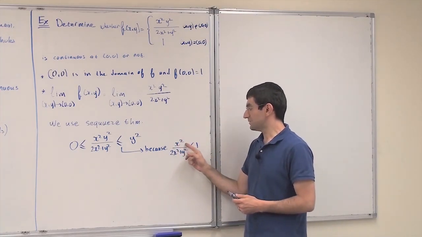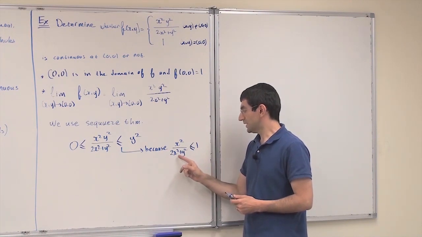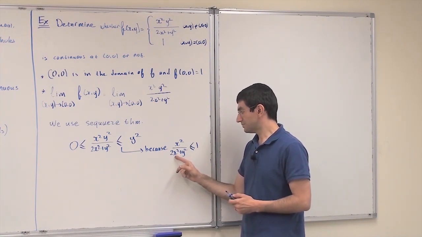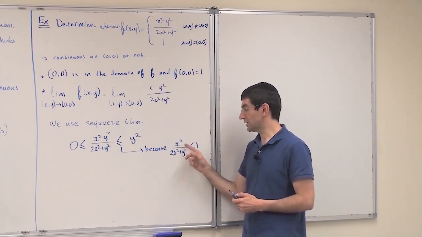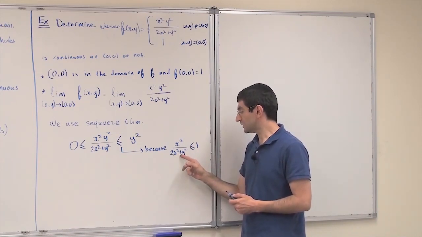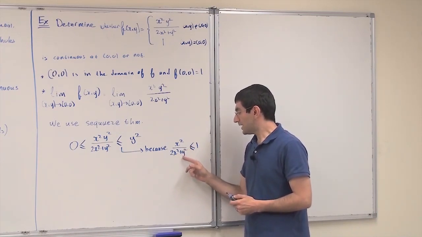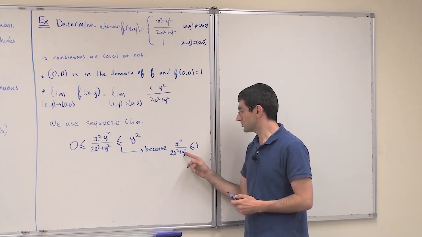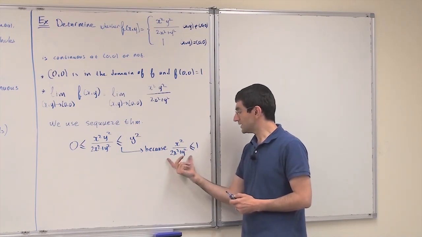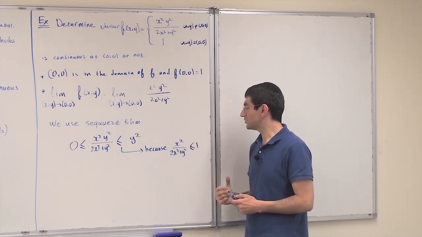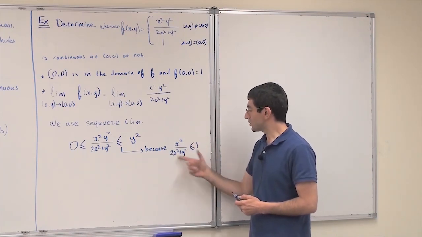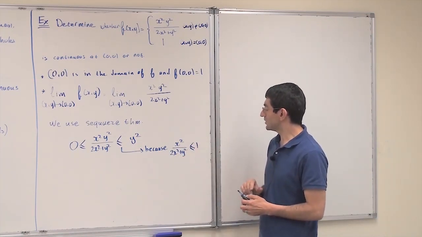In the numerator I have just x squared, but in the denominator I have 2x squared, which is already more than x squared, and in addition I add another positive number, y squared. So clearly the denominator is bigger than the numerator, so this quotient is less than or equal to 1.